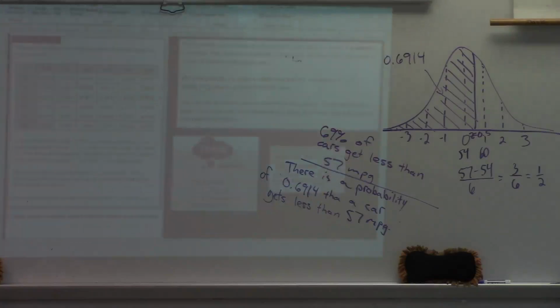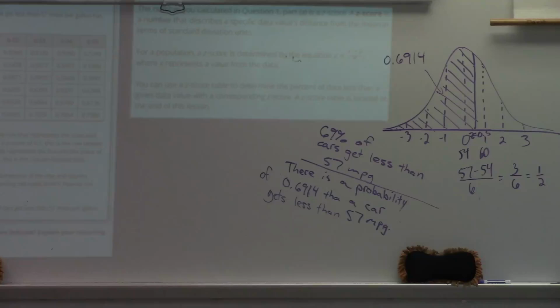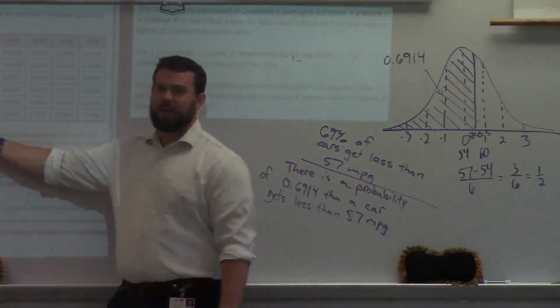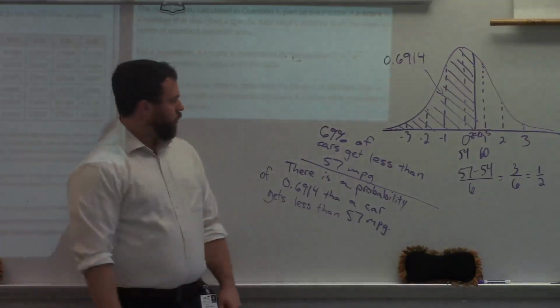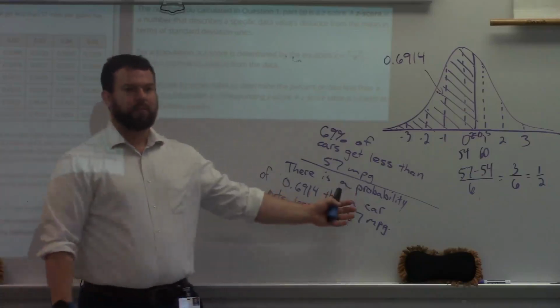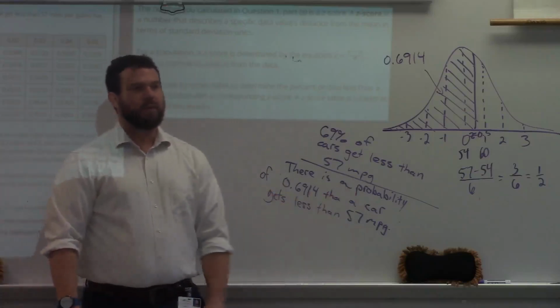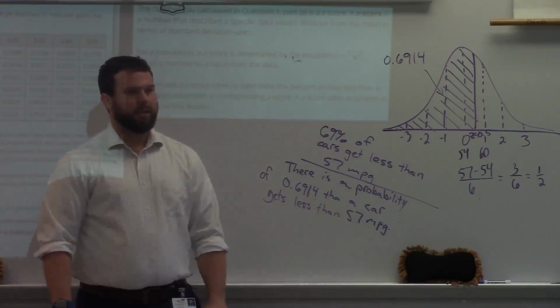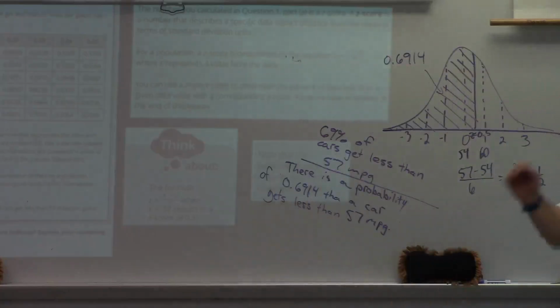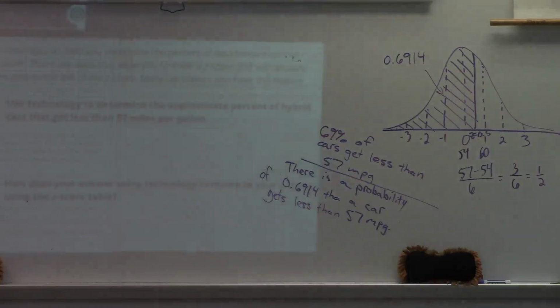If you go back and look at what it said in the table, 0.6915, and with technology 0.6914. So does it matter if we do table or technology? No, but I can tell you this, technology is way easier. Okay, so we're going to use calculators for this instead of the table. If you have a real hankering to learn how to use that table, let me know and I can teach you outside of class time.